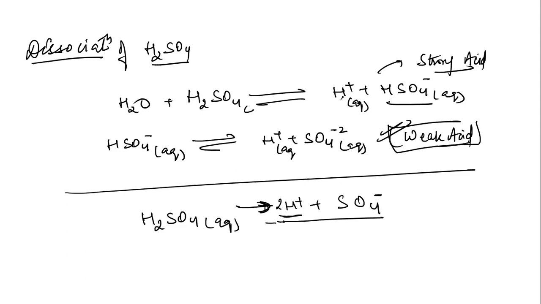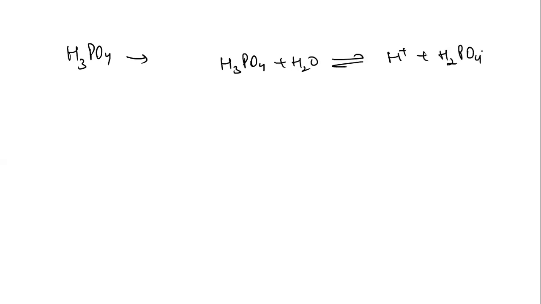There is one more acid, that is H3PO4. Now this acid, H3PO4 plus water, first gives you H positive plus H2PO4 minus. Then this H2PO4 minus plus water gives you H positive plus HPO4 minus 2.